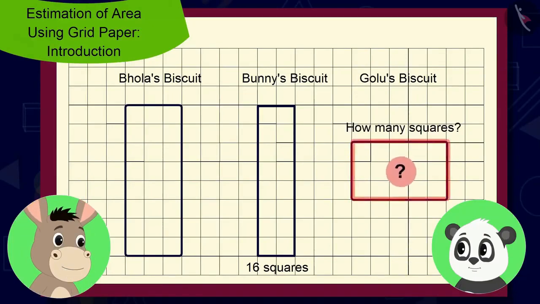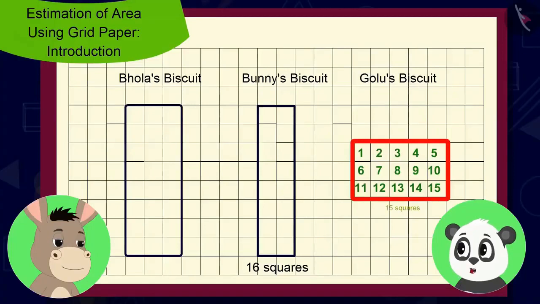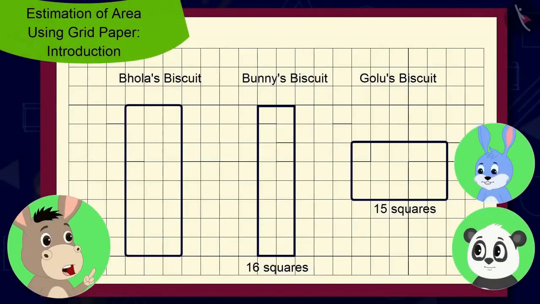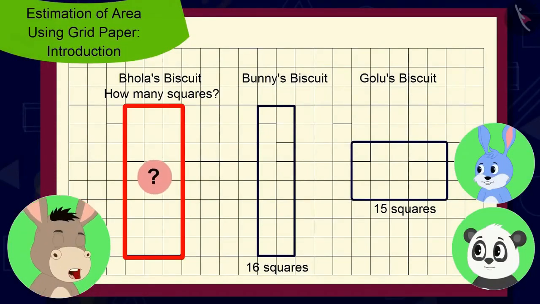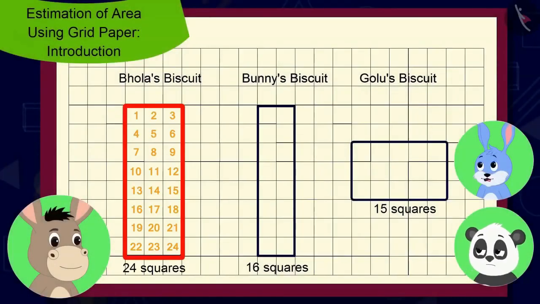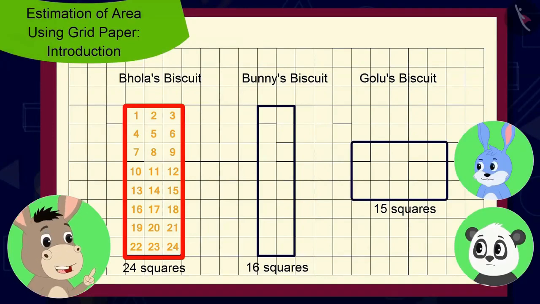Bhola asked Golu. 15 squares, said Golu. And can you both tell me how many squares are in the shape of my biscuit? Bhola asked Bunny and Golu. 24 squares. 24 squares? said Bunny and Golu, shocked.